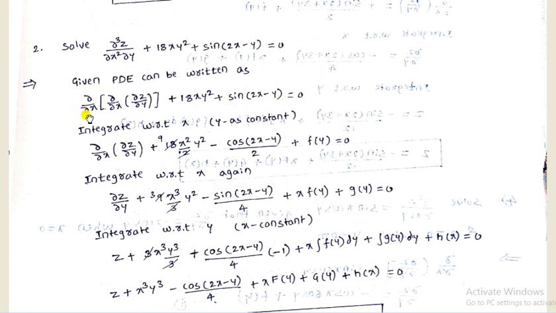So first we integrate with respect to x and eliminate this del by del x, and when we integrate with respect to x, we will add an arbitrary constant as f of y.